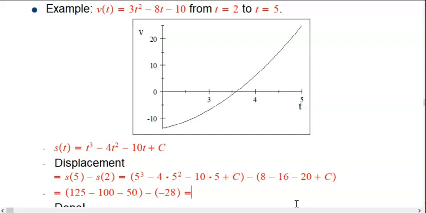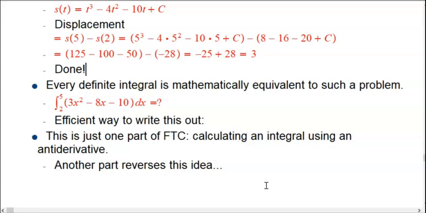And we're getting minus 25 plus 28, yeah. That's what I remembered. It's just really close to canceling out. So we get 3 for the total answer. These plus c's canceled out. They always will, and that's why we're not going to write them anymore. And we're just taking the difference of two values of the antiderivative. Okay, we're just done.